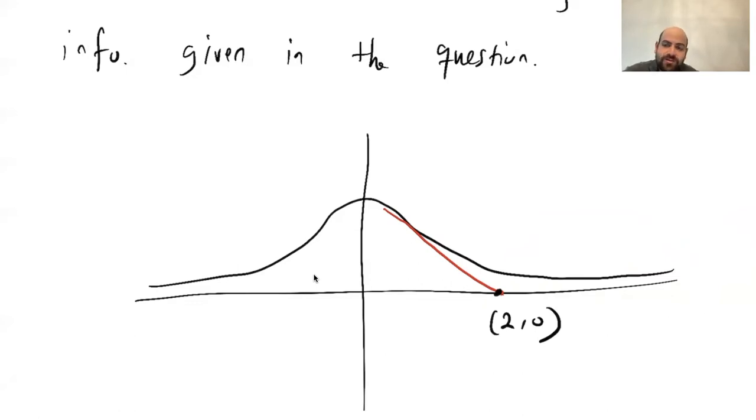It just passes through that point. It's tangent at some other point. I'm calling the x value of this point x0, and if the x value of this point is x0, the y value will automatically be f of x0.